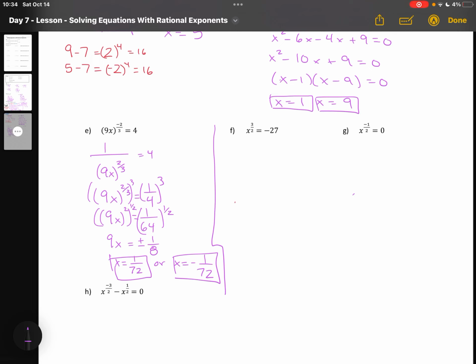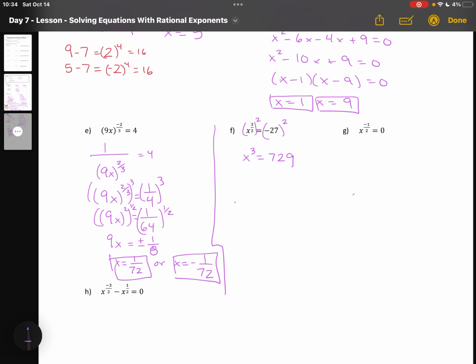Okay, example F. So I'm going to start off by clearing my denominator, just like this. And I get x cubed equals negative 27 squared. Let's see. 27 times 27, so 729.